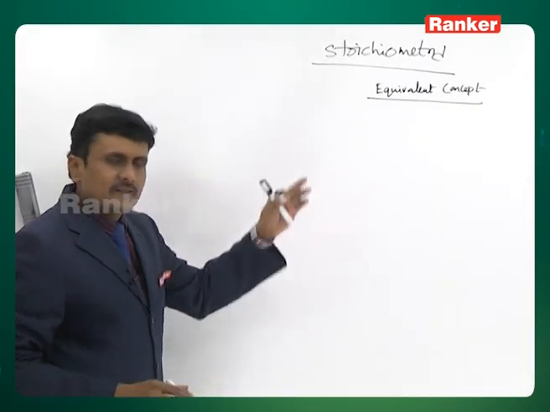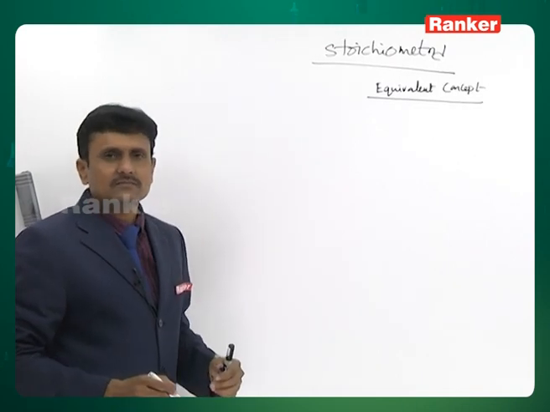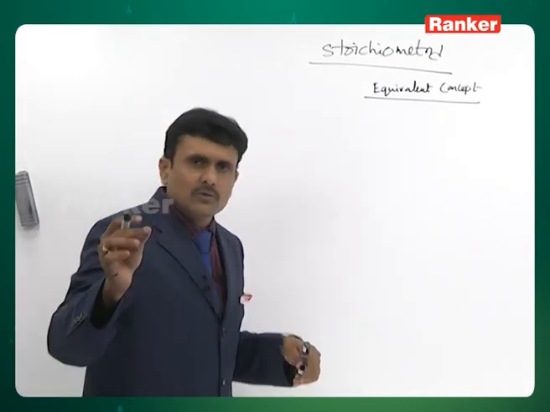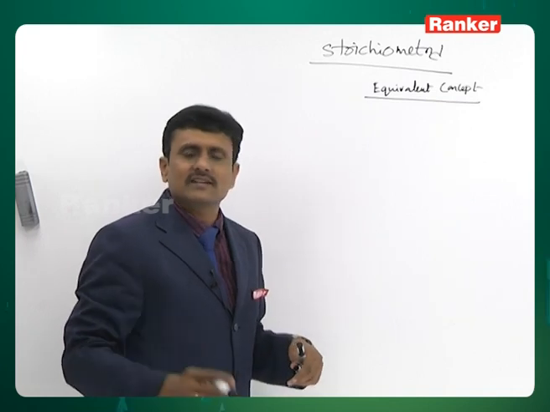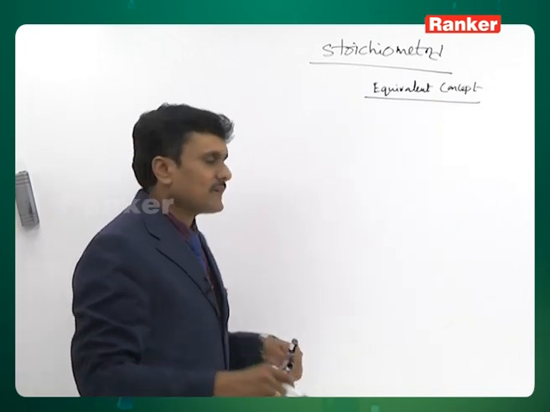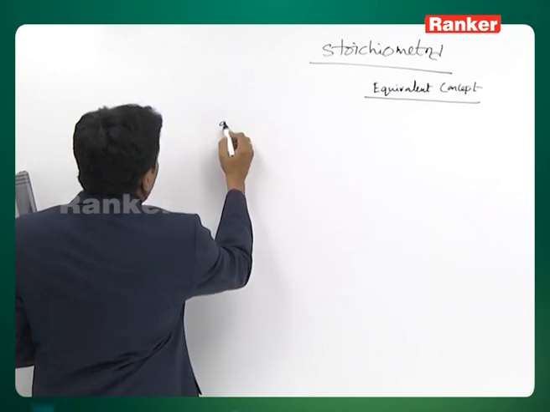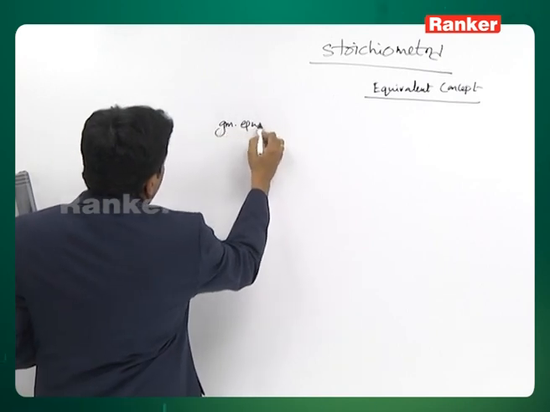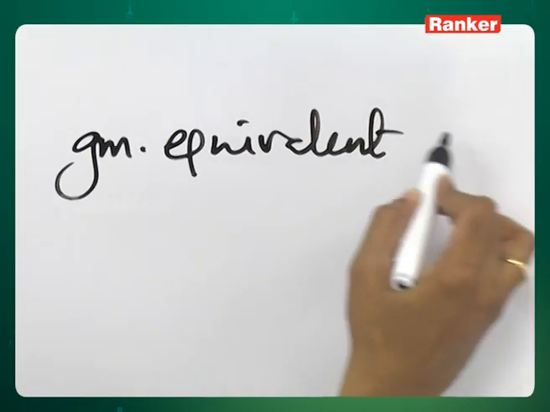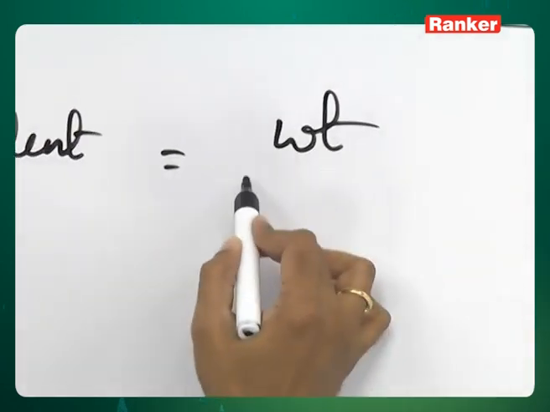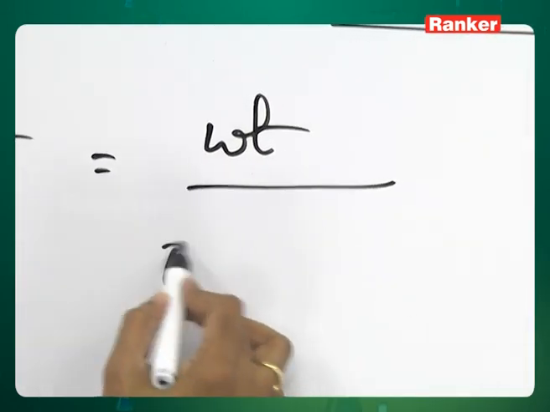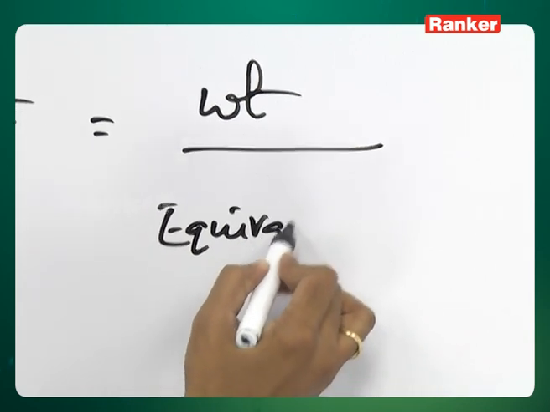Now, we need to find out what exactly are the gram equivalents. As we all know that the gram moles are obtained by dividing the weight and molecular weight. Now, when we try to find out the gram equivalents of a given substance, the gram equivalents are calculated by taking the ratio of the weight of the substance with the equivalent weight.